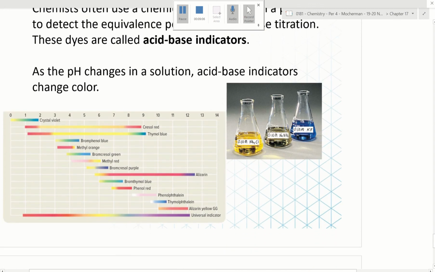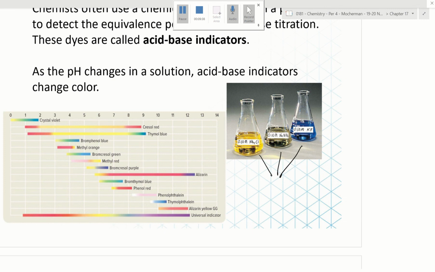Most of the acid-base indicators we want are ones that change color right around this 7 mark, because for most of our equivalents, they're going to show up at 7, although it's not always the case. So as long as we know which indicator to use, a lab procedure would tell you that, a little research would help, but basically we can see like this acid-base indicator, this is all the same indicator, and it has changed 3 different colors at 3 different pHs.